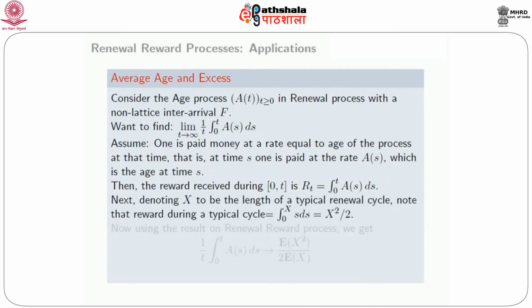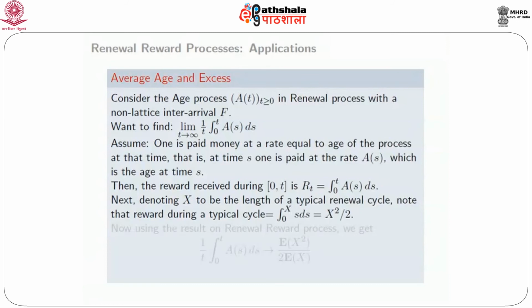Next, denoting X to be the length of a typical renewal cycle, note that during a typical cycle, the integral from 0 to X of s ds, for X random, would be X squared by 2. So the reward during a cycle would be X squared by 2. That is because as time passes in a cycle, the age is s during the whole interval 0 to X. So as s varies over 0 to X, you keep on getting reward s at time s.